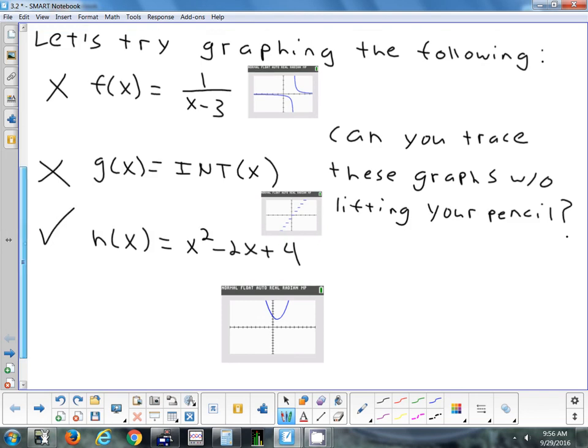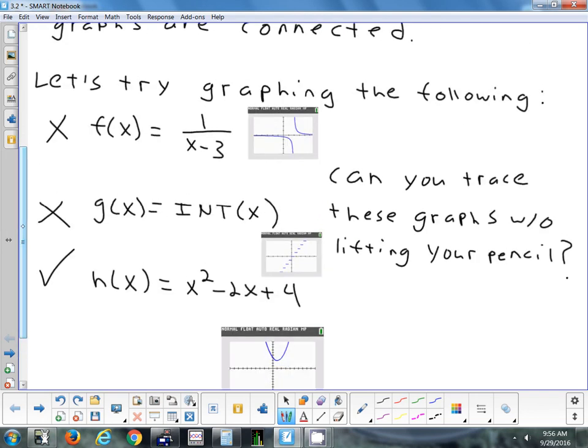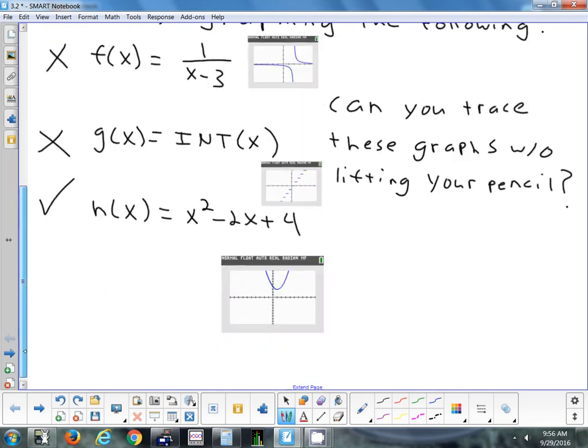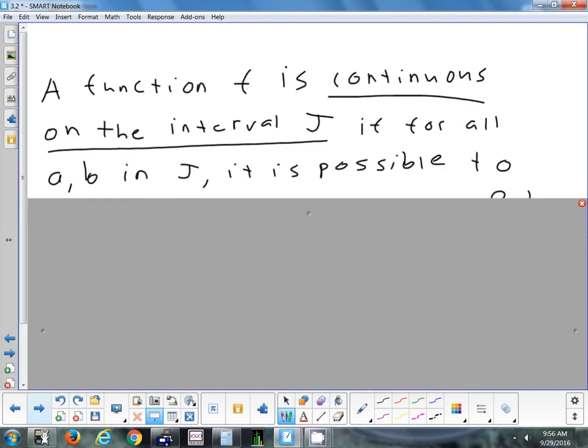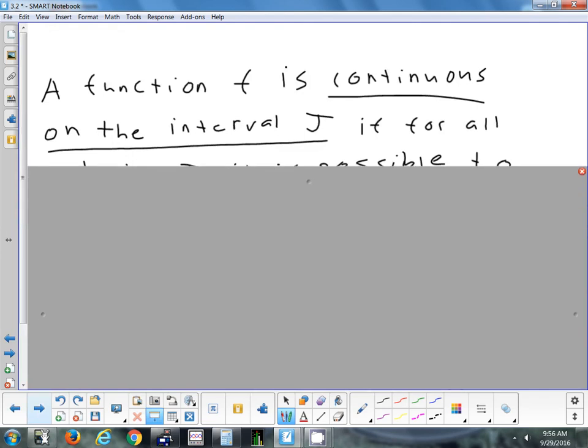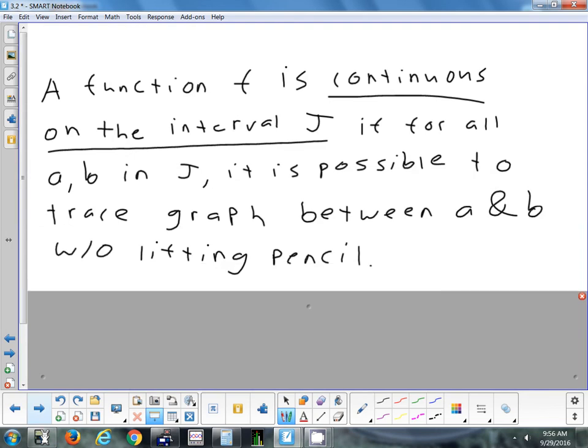So this idea of whether we can trace along the graph, whether lifting or not lifting our pencil, has to do with what's called continuity, or a continuous interval. Basically the idea of a continuous interval is that you tell me two numbers, a and b, and then I ask myself, can I get from a to b on your graph without ever lifting my pencil?